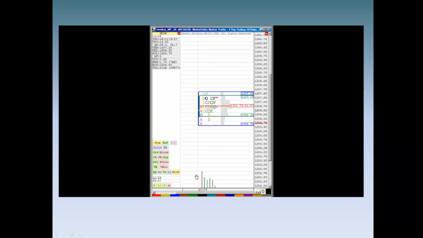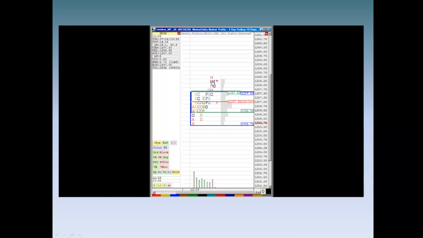And notice the volume is building up in this tight value area. Look at that. When it moves back up here and it looks like it broke out of the range and it's going to go up, this is when an amateur would say, okay, it's time for me to buy.